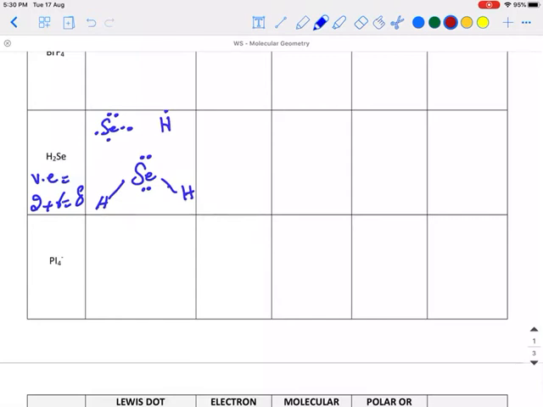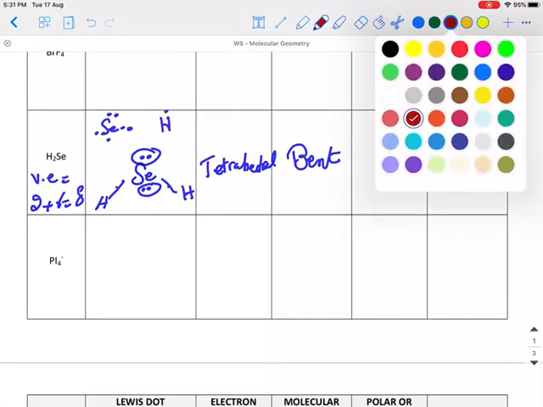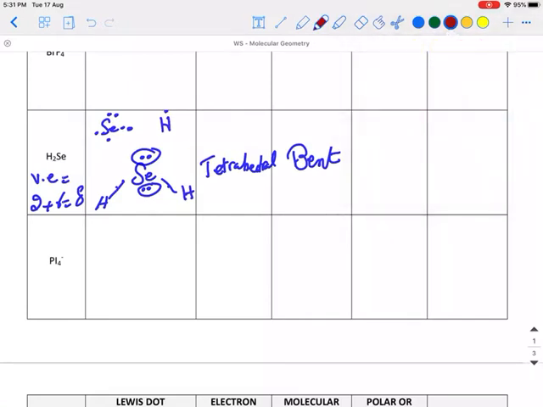Now the electron pair geometry. As you see, we have 1, 2, 3, 4 between bonded and non-bonded. So we have 4, so it's tetrahedral. But the molecular geometry is a distorted tetrahedral because we have 2 lone pairs, and when we have 2 lone pairs, the shape turns out to be bent. Is it polar or non-polar?